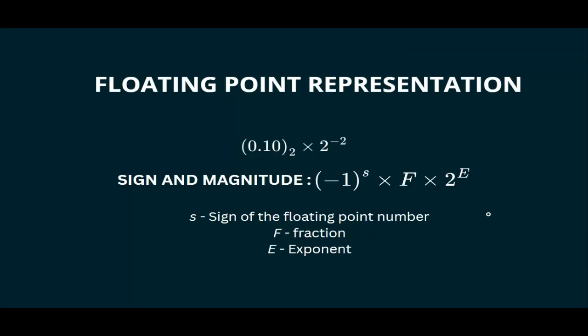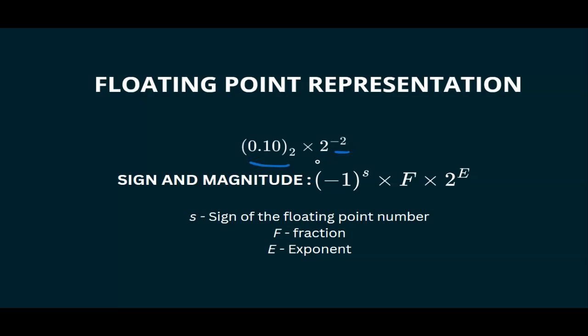Let's now see how we can have a generalized representation for floating point numbers. Consider this particular binary floating point number. It has a fractional part 0.10 and the exponent. In this case, the number is positive, but negative numbers also come into the picture.